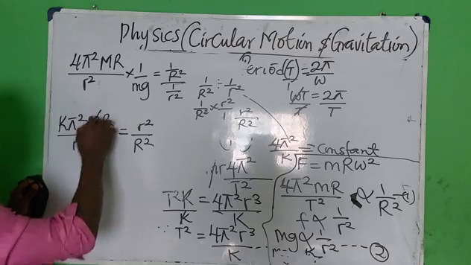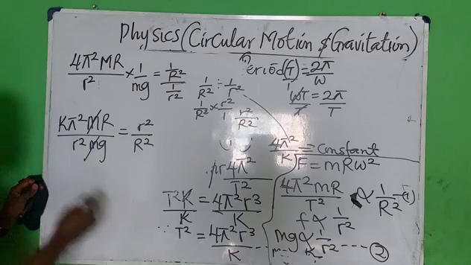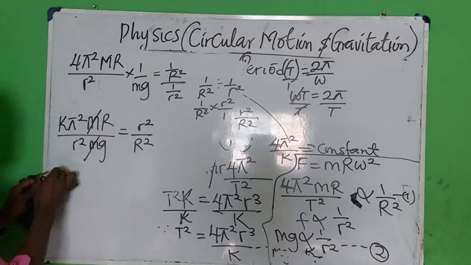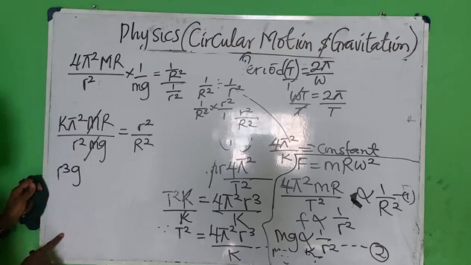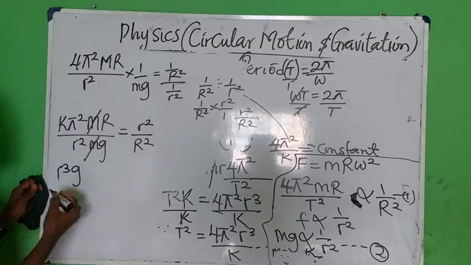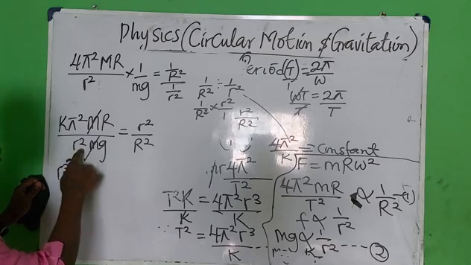These can now go out. So from here, I want to make g the subject of the formula. This will multiply everything here, becomes r cube g, right? Is that not correct? If that is r squared times r squared, is it r squared now? Is it r squared I'm supposed to write here or just r?